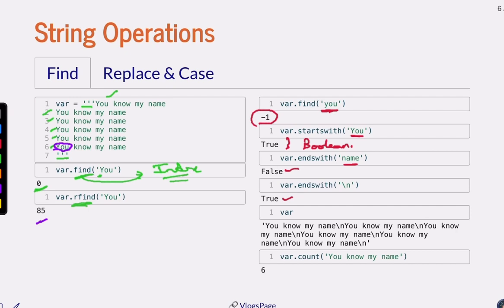Got it? Similarly, I can ask how many times this variable is repeating. Say here if I had given var.count of "you", the output would be 6.